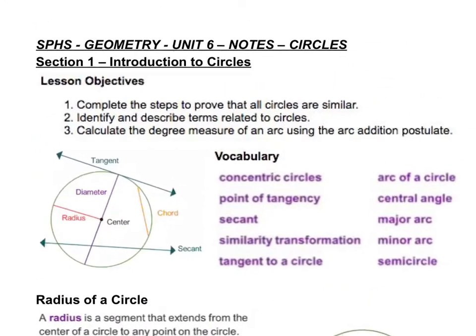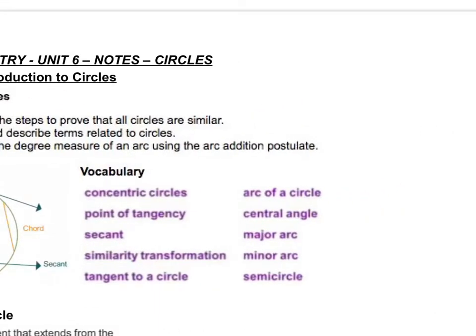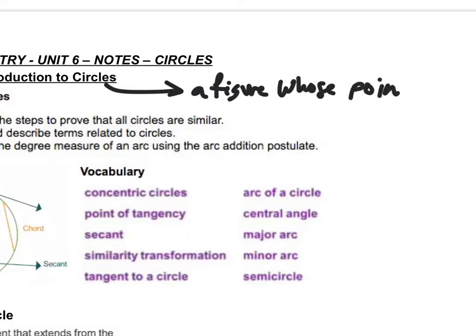And a circle is a figure whose points are equidistant to the center.